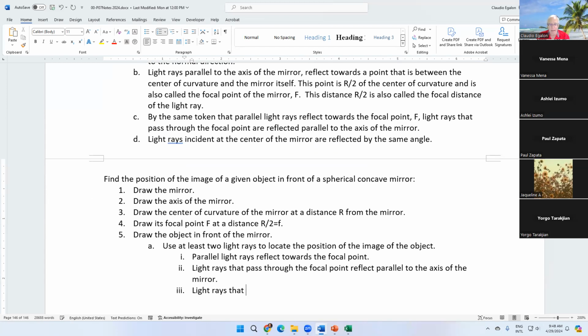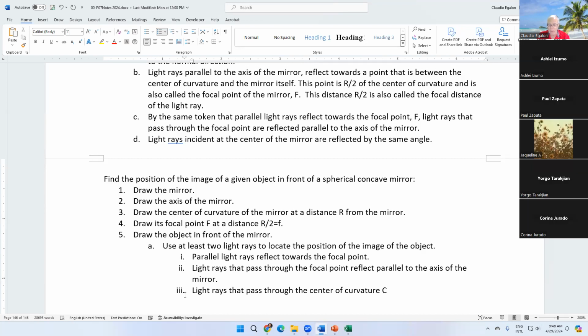Light rays that pass through the center of curvature C reflect on itself, right? On itself.